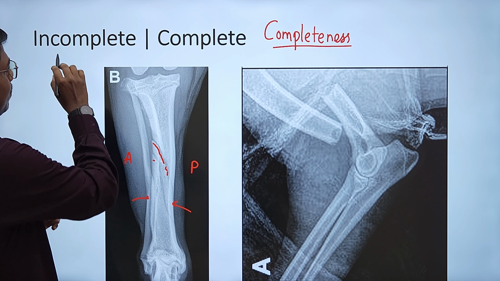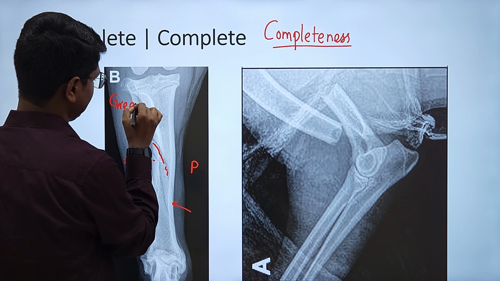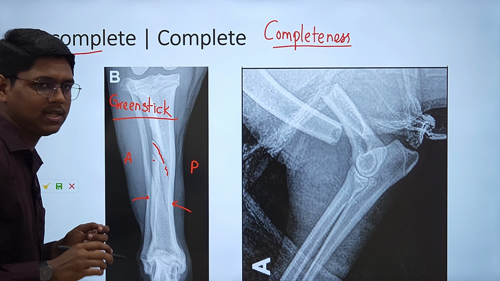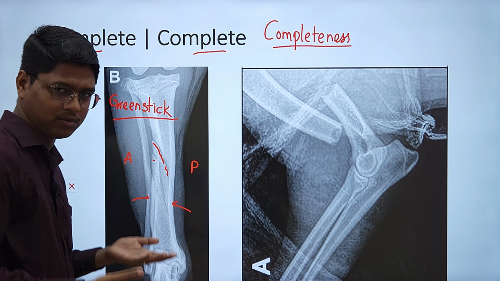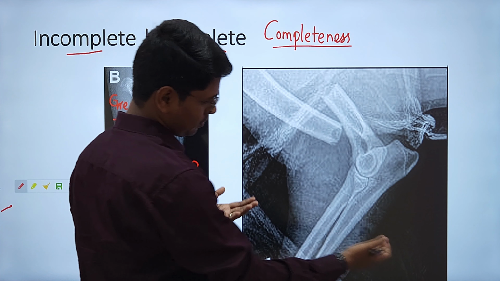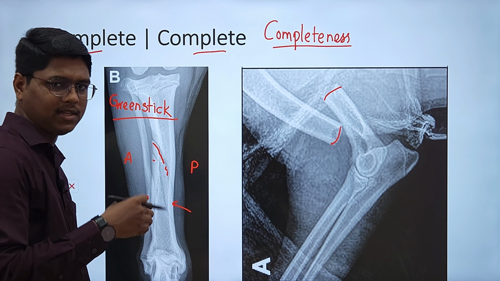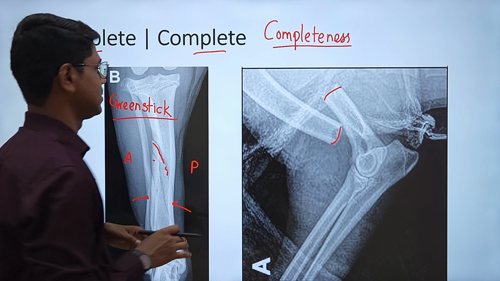These are incomplete fractures, commonly known as greenstick fractures. Greenstick fractures are basically incomplete fractures. Complete fracture, no need to say, is a complete fracture of the bone. Both cortices are involved in the view, so it is clearly said that the bone is completely fractured.